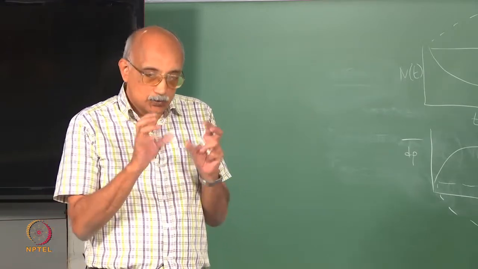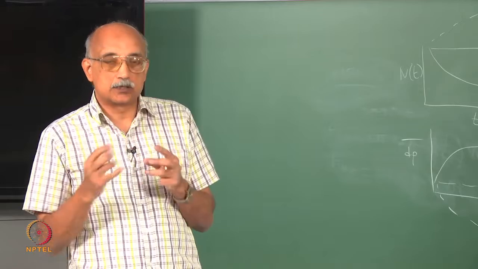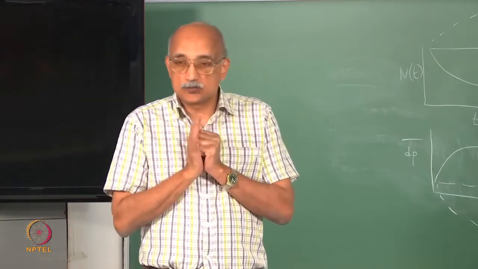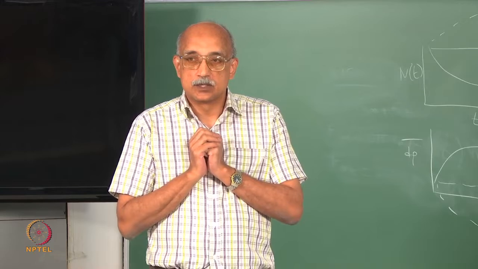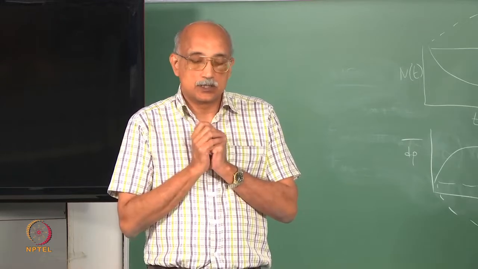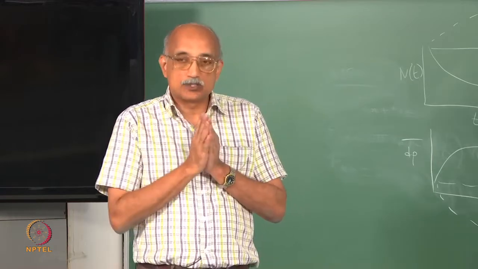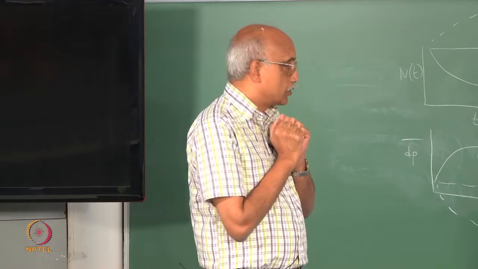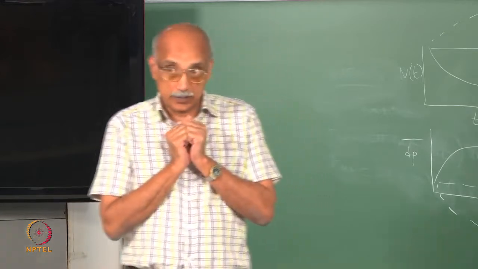So, if you can make two perfectly smooth spherical particles and you bring them in contact, in principle the cohesion force between them is infinity. Well, it is infinity more for two flat plates that you bring together, but for two spherical particles also, the cohesion force can be very high.